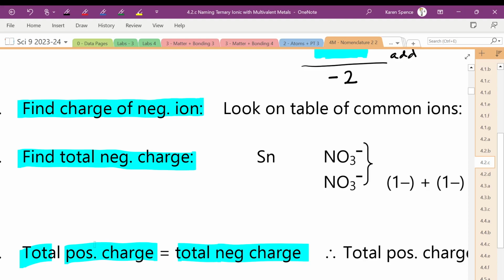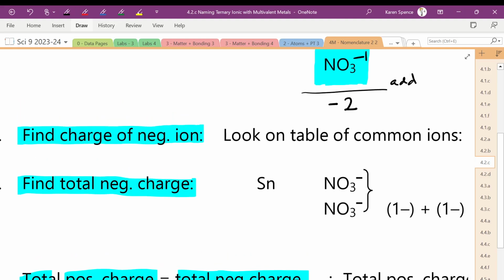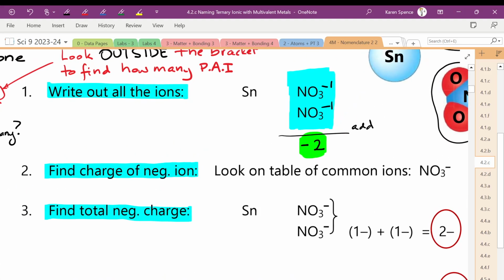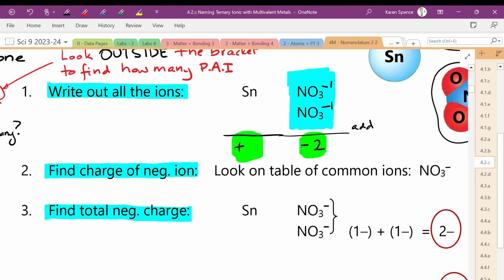So if our negative charge is -2, that's our total negative. Then if I go over here to my positive, what does the positive charge have to equal? It also has to equal 2.